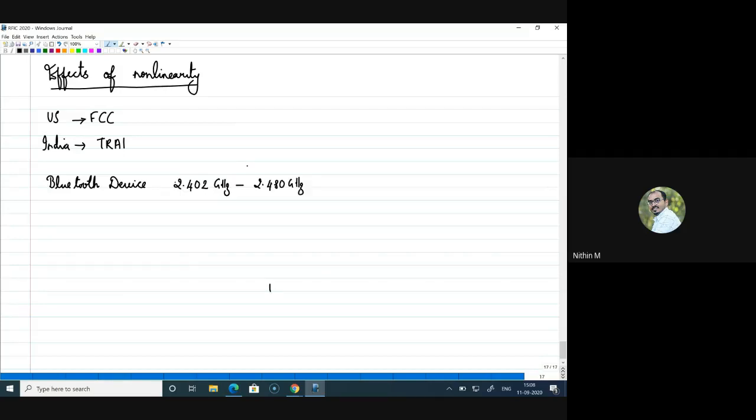Within this band, I think you have almost 40 channels, so we can use one channel within this band, and this is allocated for Bluetooth technology. This is for low power, and we call this BLE. Probably you would have seen these things in your communication subjects, or now in your broadband communication.